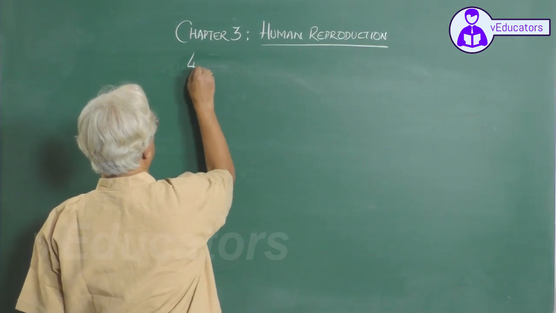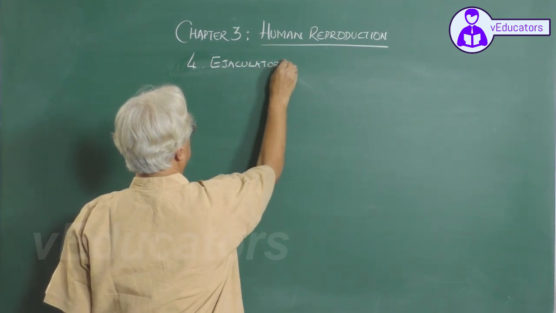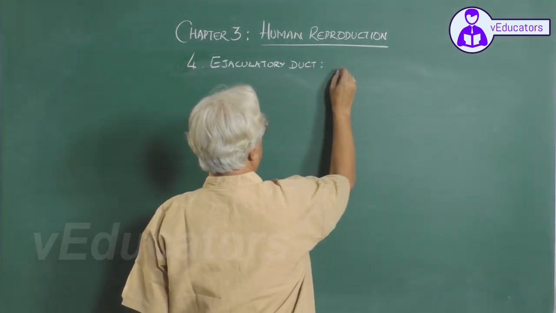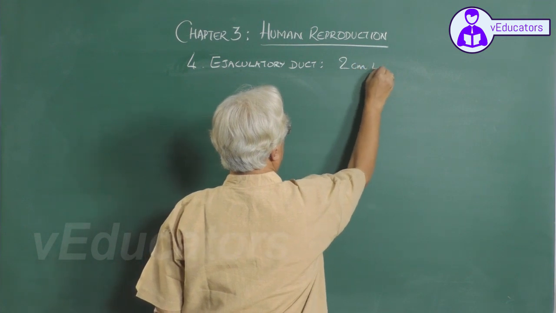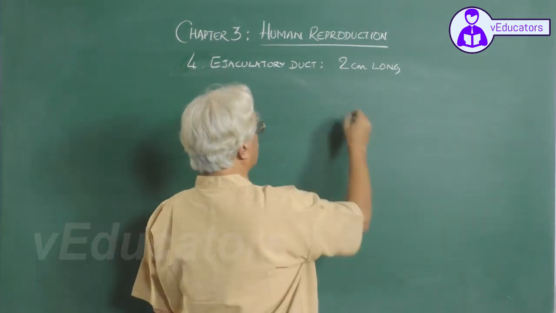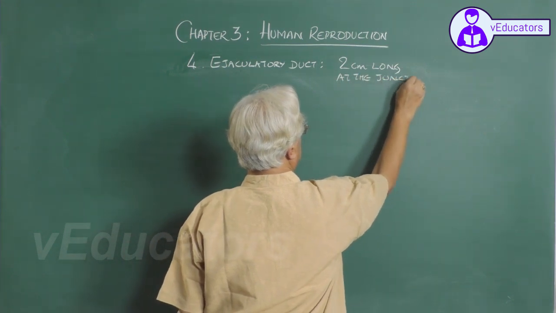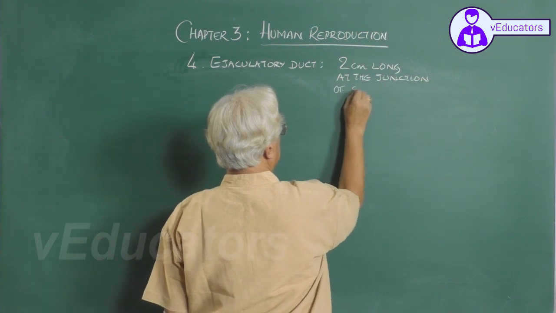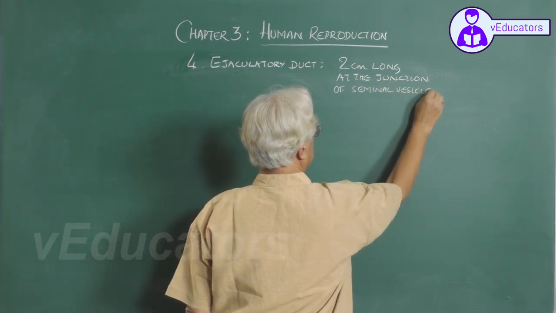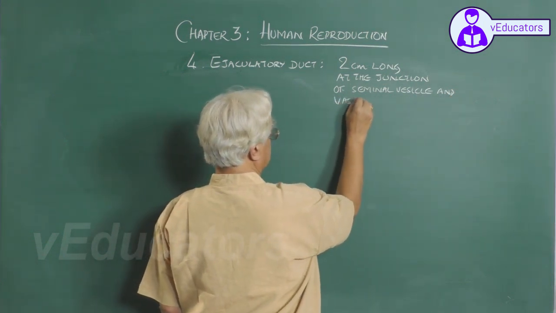Fourth one, ejaculatory duct. This is a short duct about 2 centimeters long, coming out at the junction of seminal vesicle and vas deferens.